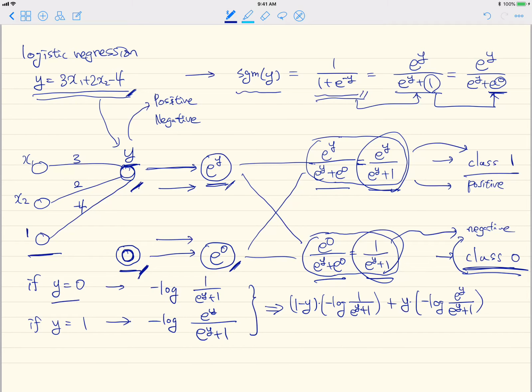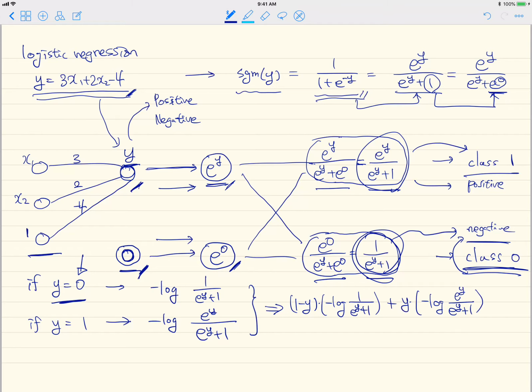So if y was 0, which corresponds to the negative class, then we have to maximize this probability, right? And if you apply the KL divergence, then the probability for our ground truth will be a one-hot vector, where the probability of 1 corresponds to this negative class.